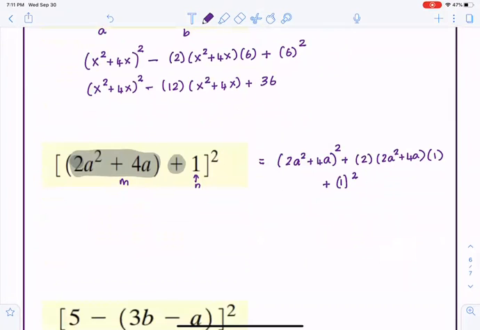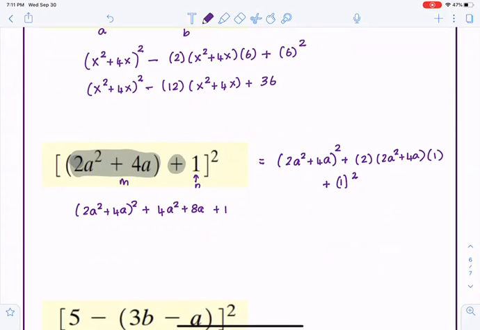Now, let's just have (2A squared plus 4A) squared, plus distribute that 2. We have 4A squared plus 8A. Lastly, we have plus 1.